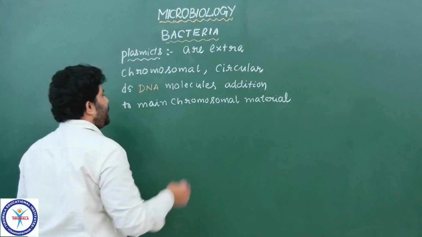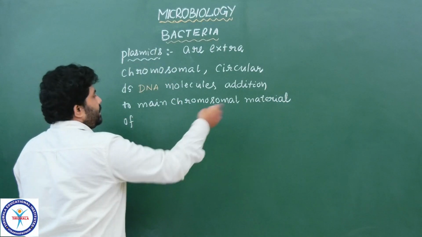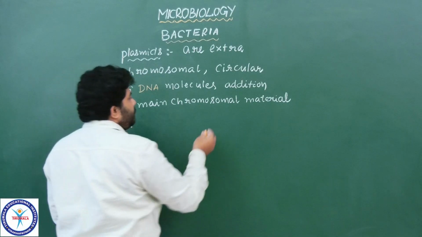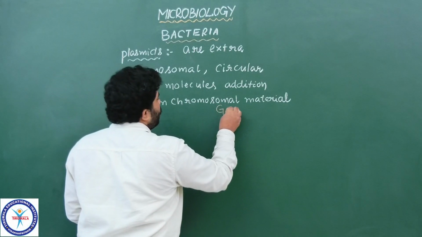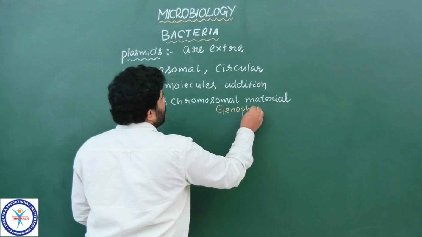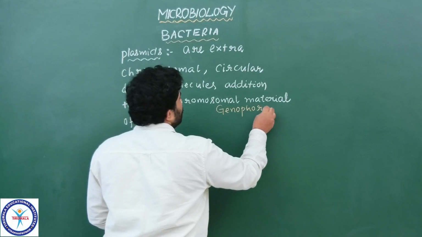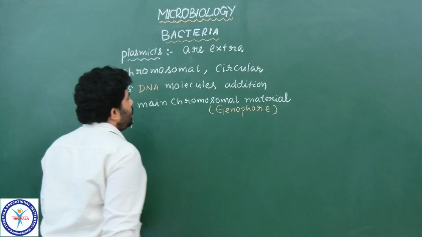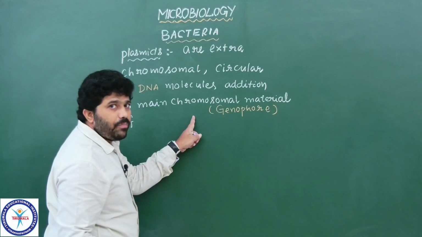The main chromosomal material of the bacterial cell we call the genophore, in the nucleoid form. Please remember, the genophore is the main genetic material of bacteria.